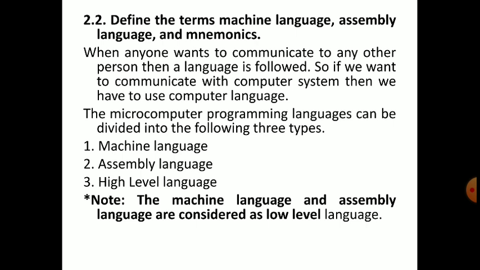If you want to communicate with children, though they don't know the language, they can see our expressions. Like that, we have to communicate with another person. That means there is a language: sign language, braille, normal English, and your vernacular languages. We need one particular language to communicate with the other person.